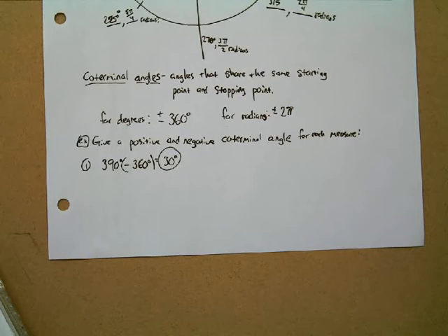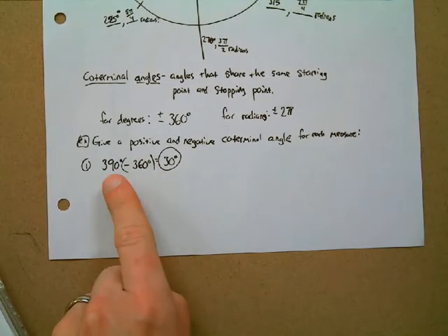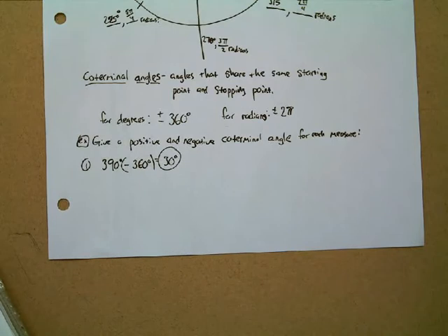How can we get a negative angle that's coterminal? Any ideas? We have a positive one, 30. Sean? Yeah, subtract another 360.